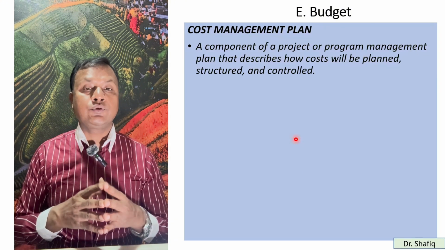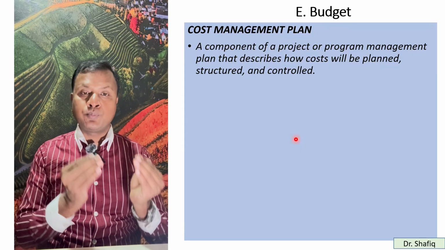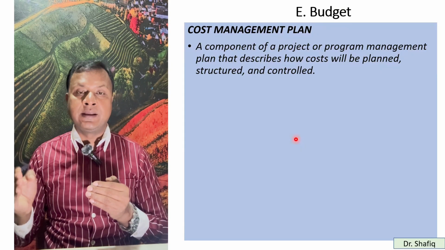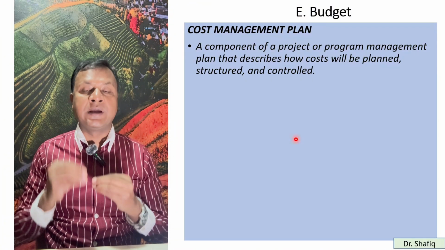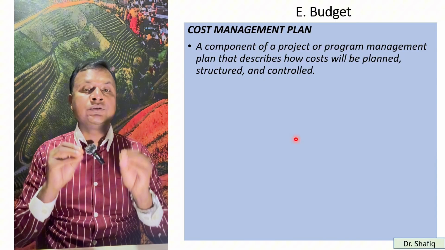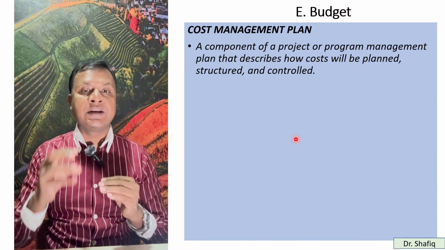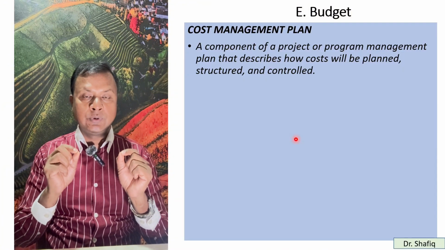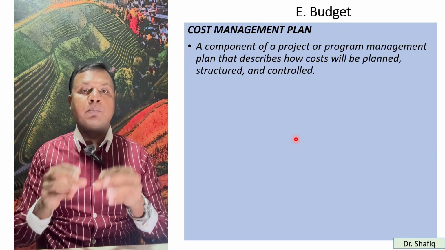So now, the cost management plan. This is a component of a project management plan that describes how cost will be planned, how the cost will be structured, and how the cost will be controlled or minimized, how we will ensure efficiency, with fewer resources and less cost we get more benefit.